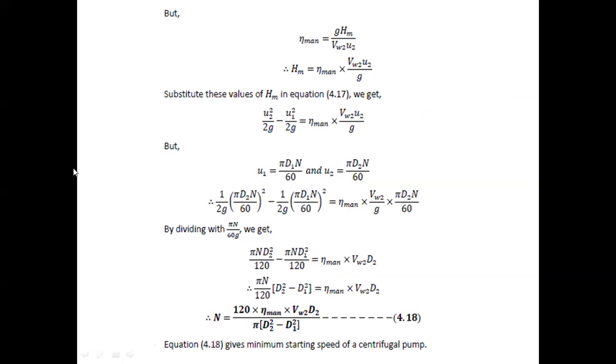But from the manometric efficiency formula, we find HM. After finding HM, substitute the value of HM in equation 4.17.